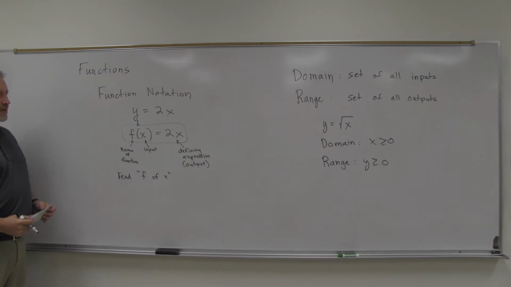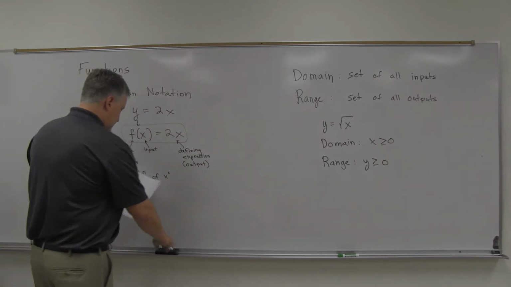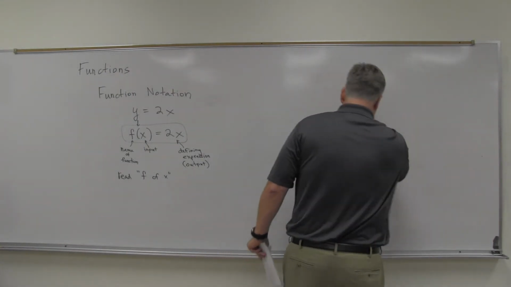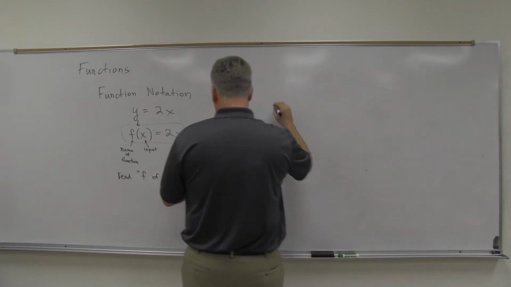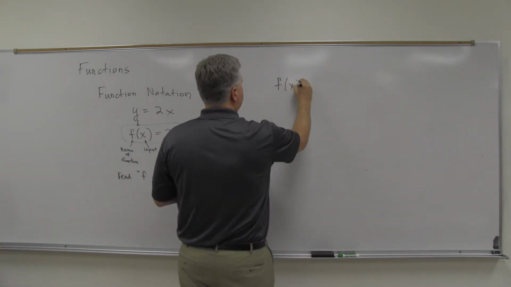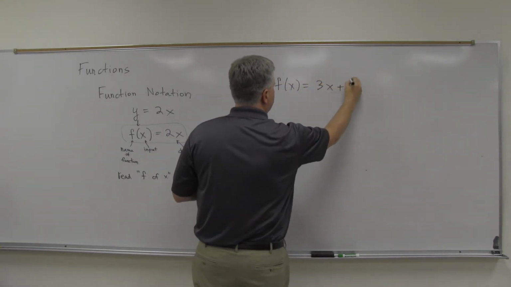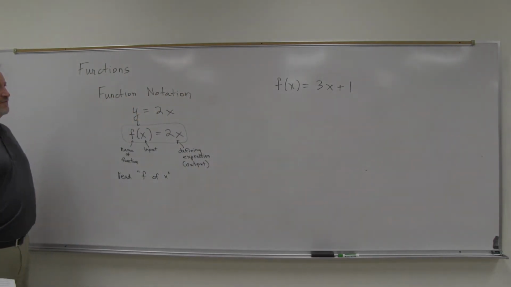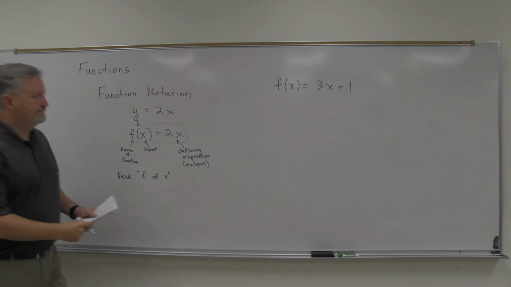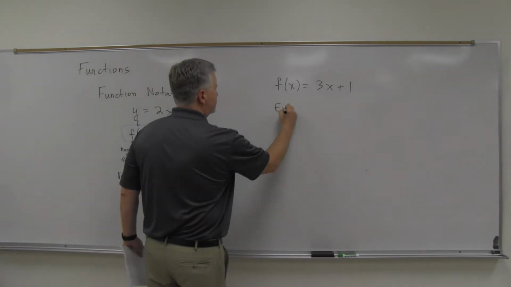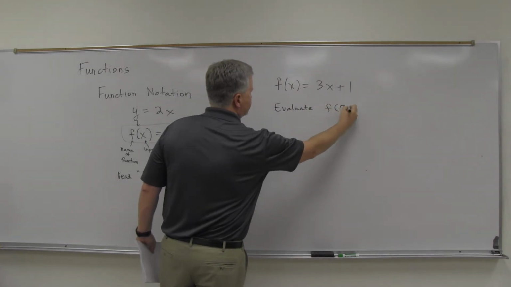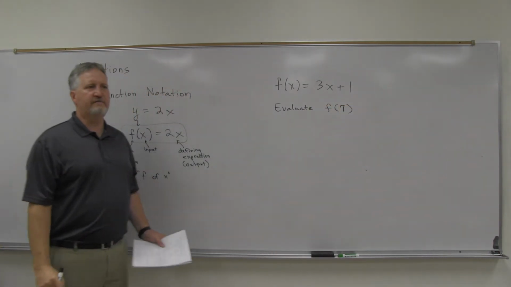All right. Well, what they have us do, starting us off here a little bit, is say we've got f of x equals 3x plus 1. So we've got a different function, different f here, but f of x equals 3x plus 1. And so let's evaluate f parentheses 7, f of 7.